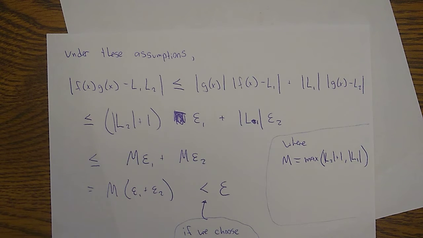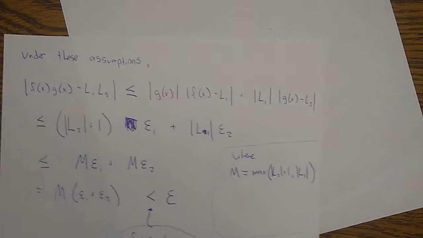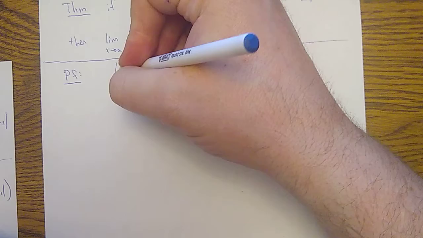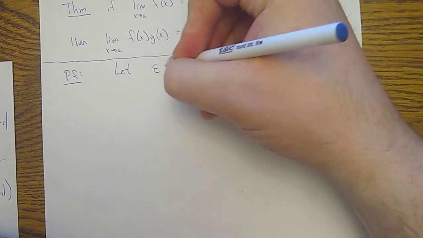Okay. So we have to put this all together. I was tempted to cut it off and make a new video, but no, let me try to make this one video. Let's knock this out. Let epsilon be greater than 0.